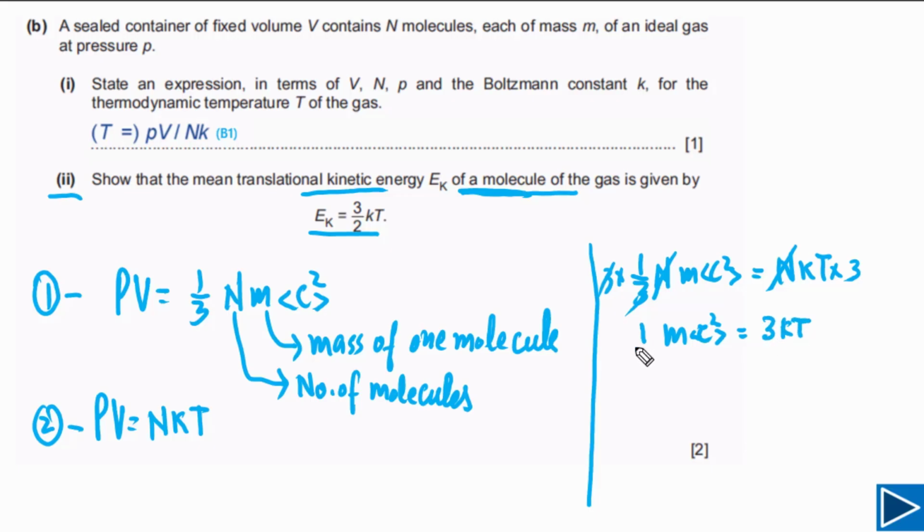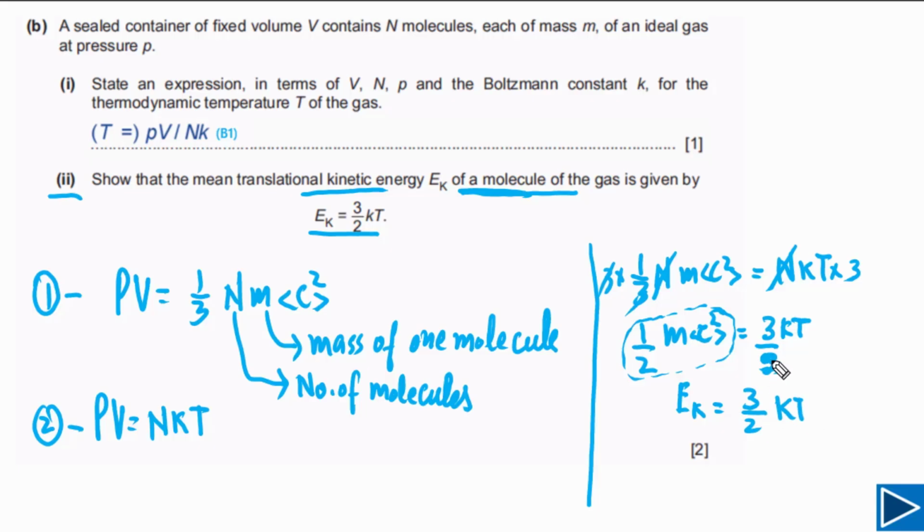Now if we divide both sides by 2, so simply we can say that this is kinetic energy of a molecule. So this is translational kinetic energy of a molecule. So simply we can replace this with Ek. So Ek is equal to 3/2 kT.